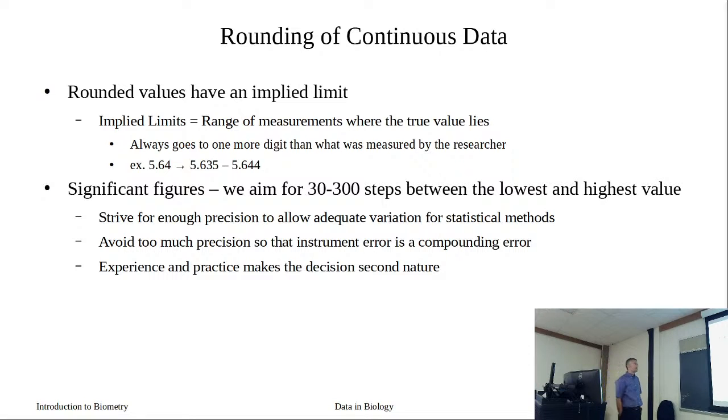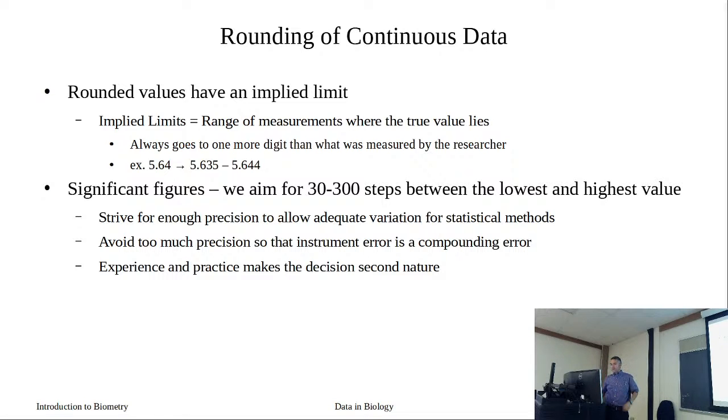So our implied range is the range of measurements where our true value lies. It's always going to go to one more digit than what was measured by the researcher. This is what I mean by that. We measured something and it's 5.64. That's what my calipers said, 5.64. Well, there is an error rate associated with those calipers.